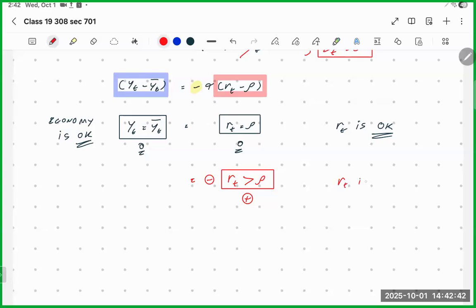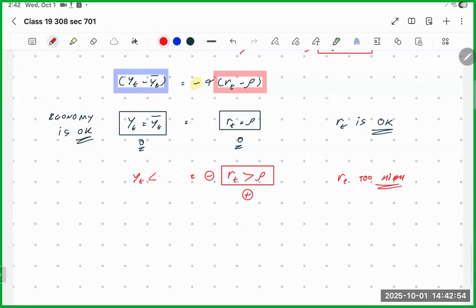Since the right-hand side is negative, the left should be negative, so Y_t is going to be less than Y_t bar. If the real rate is too high, the economy is bad.